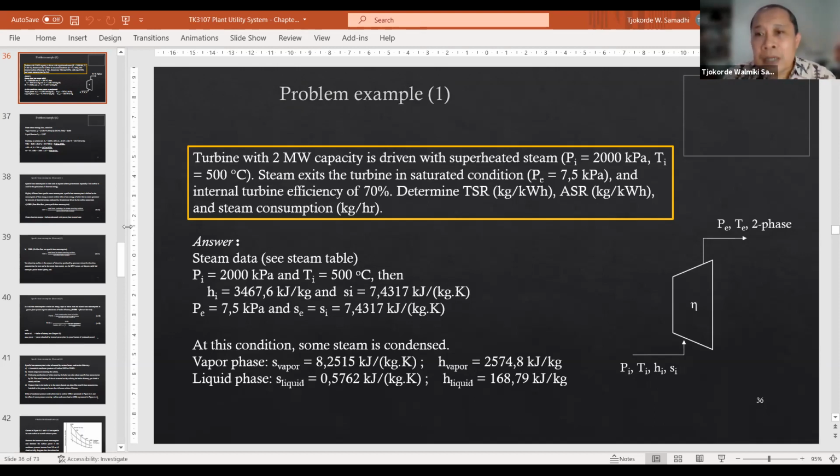It doesn't mean that you need to know the TSR first and then the efficiency to calculate the ASR. Depending on the situation, you might already have the data to calculate ASR, then calculate the TSR based on thermodynamic principles, and then calculate the efficiency as the final quantity. So it really depends on the problem.